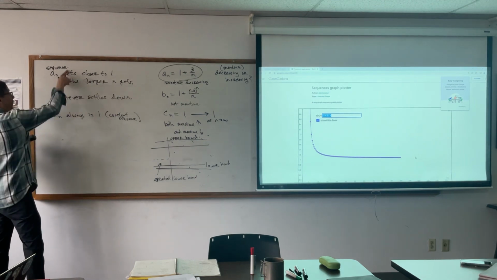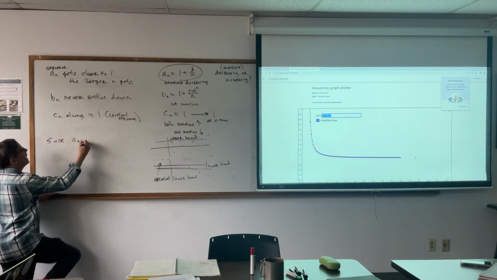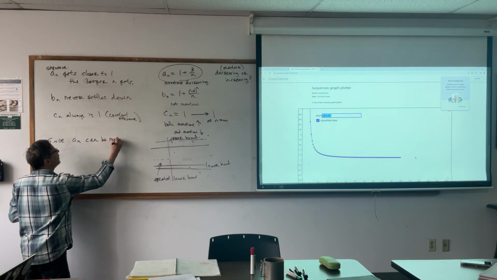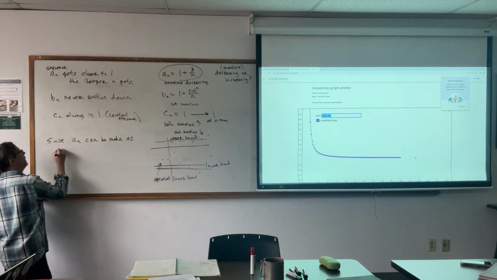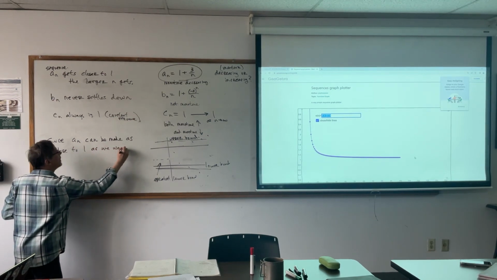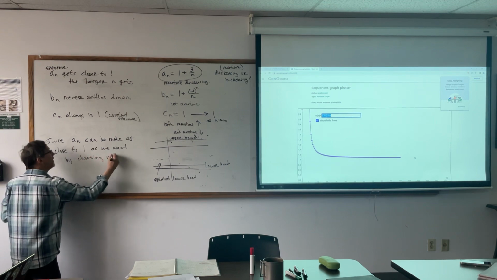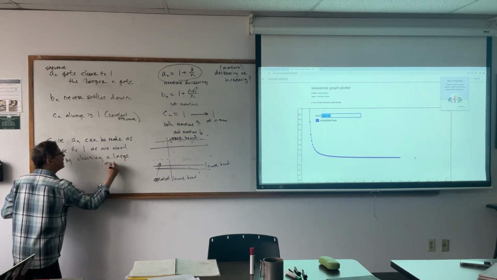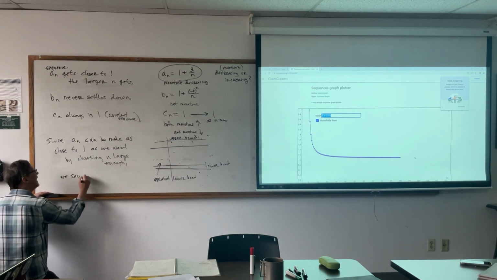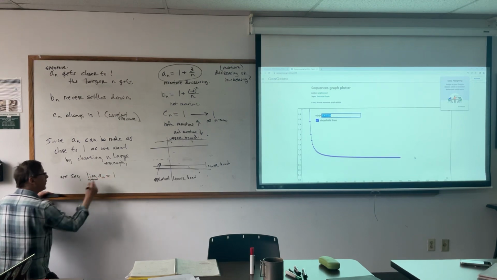So for this sequence here, since a sub n can be made as close to 1 as we want by choosing n large enough, we say that the limit as n goes to infinity of a sub n equals 1.